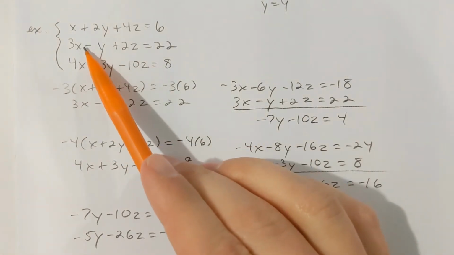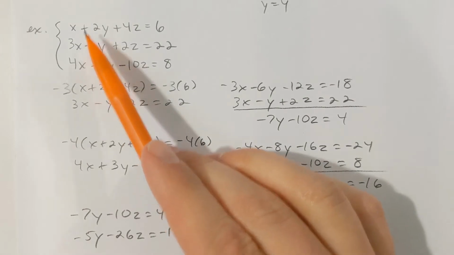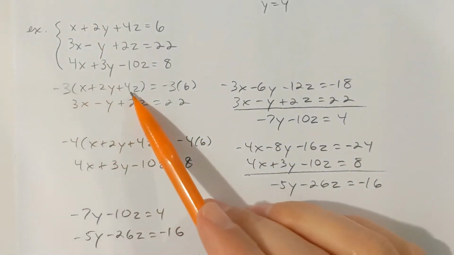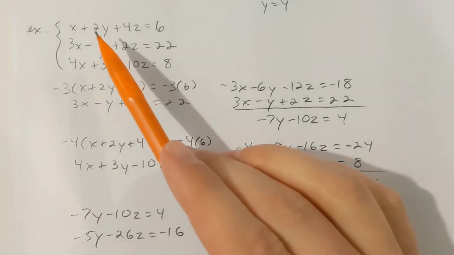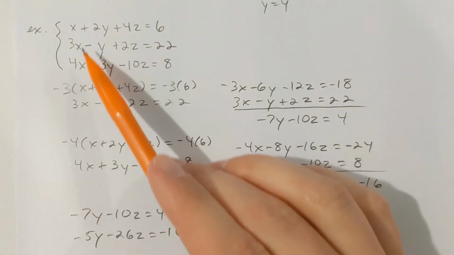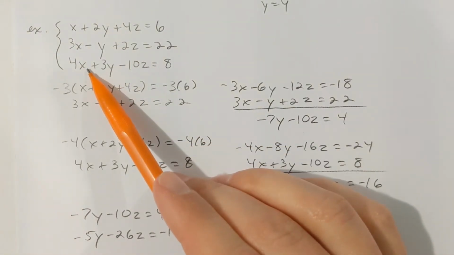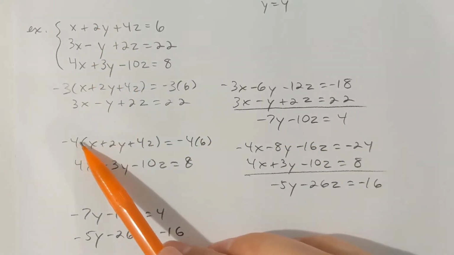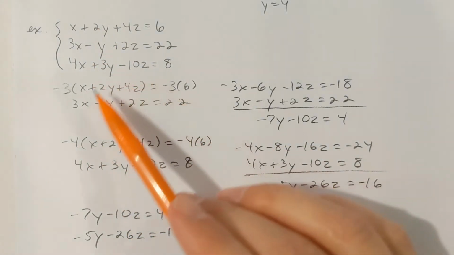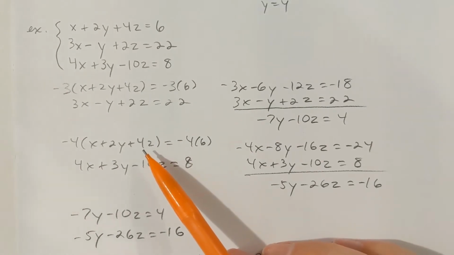If I use the first and second equations to eliminate x, I'd want to multiply the top equation by -3 and then add those. If I use the first and third equations and eliminate x, then I'd want to multiply the top equation by -4.